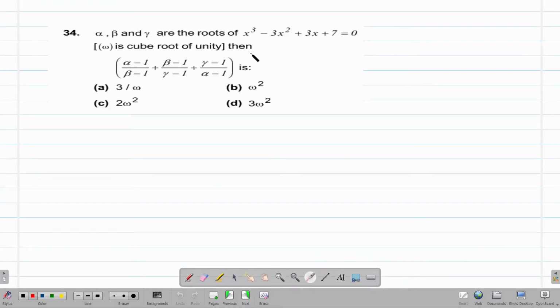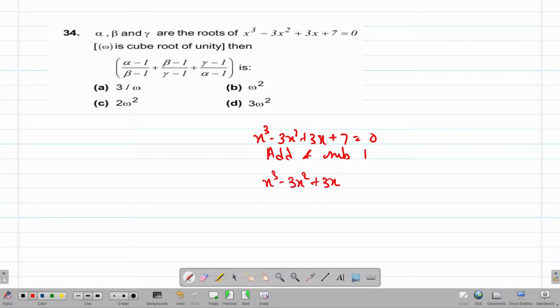Now, alpha, beta, gamma are the roots of this cubic equation, where omega is the cube root of unity. This is x cube minus 3x square plus 3x plus 7. If I add and subtract 1 here, I can easily reduce this to an identity.